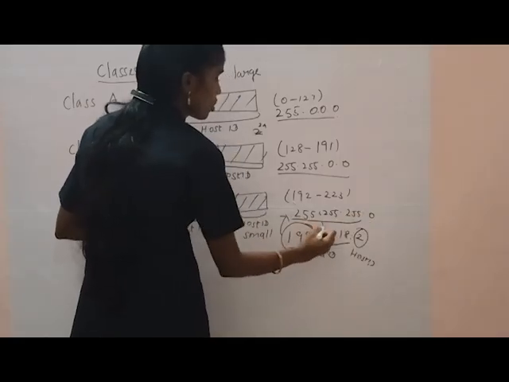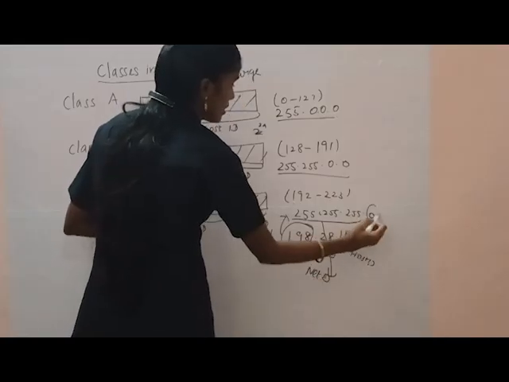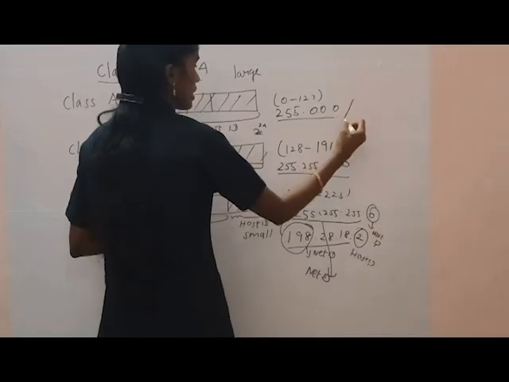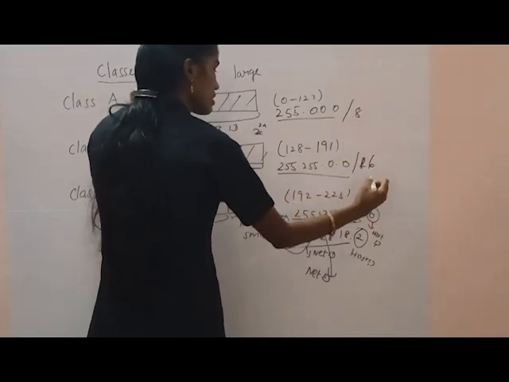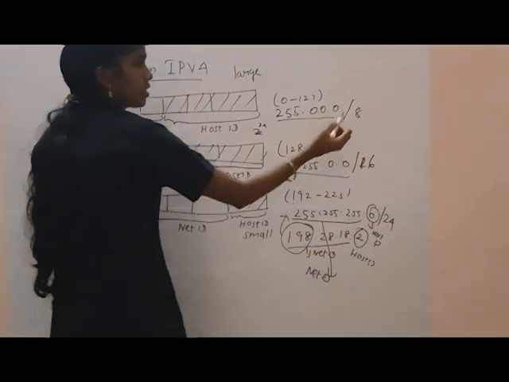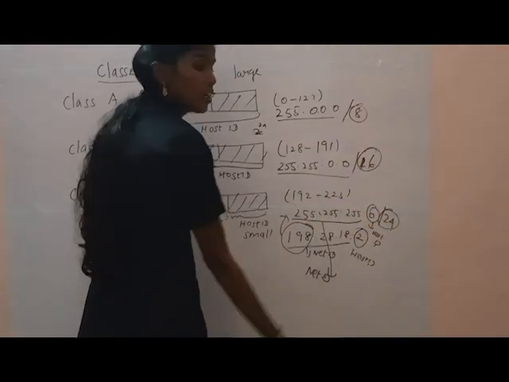So this is net ID, this is host ID, and we can call it slash 8, and this is called slash 16, and this is called slash 24. Okay, slash 8, slash 16, slash 24.